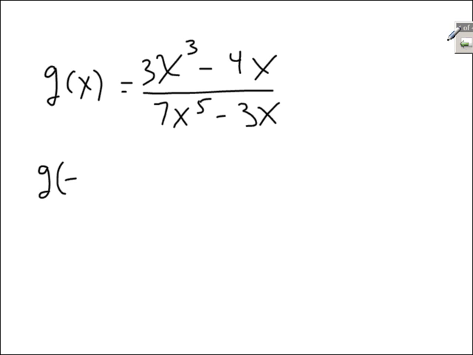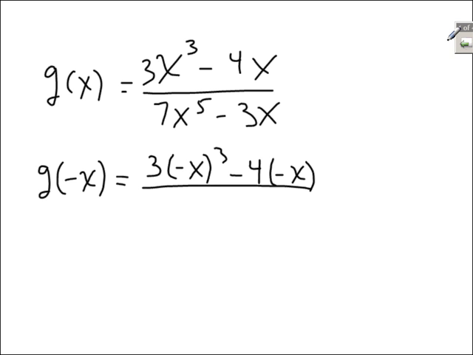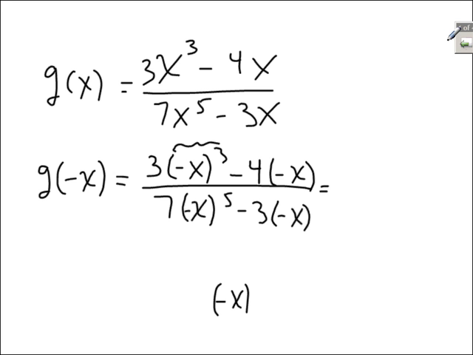And what happens if you plug in negative x? You get 3 times negative x cubed minus 4 times negative x over 7 times negative x to the 5th minus 3 times negative x. Well, negative x cubed is negative x cubed.